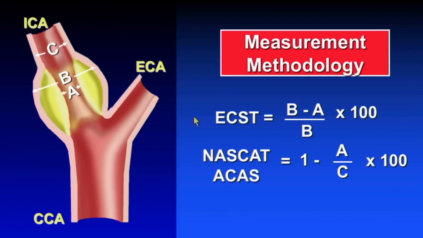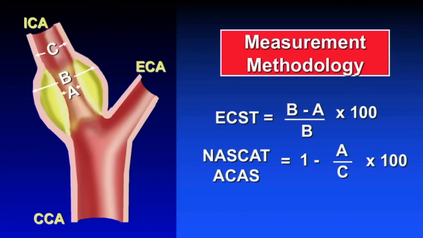The other methodology, which was actually older, was the European carotid stenosis methodology, and that's comparing the residual lumen of the vessel to the outer margins of the vessel. Now, this can only be seen with ultrasound because you can't see the outer lumen of the vessel with a CTA or an angiogram.